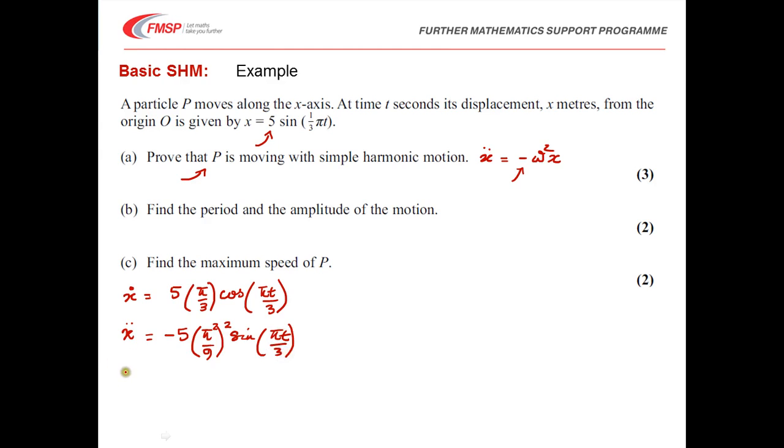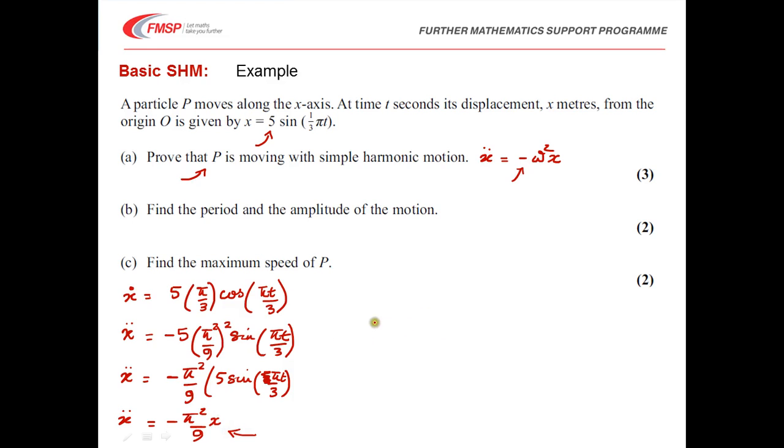And I'm just going to slightly rewrite that to show that that's actually minus pi squared over 9 times 5 sine pi t over 3, which means that x double dot is minus pi squared over 9 times x. So this now matches our expression here.